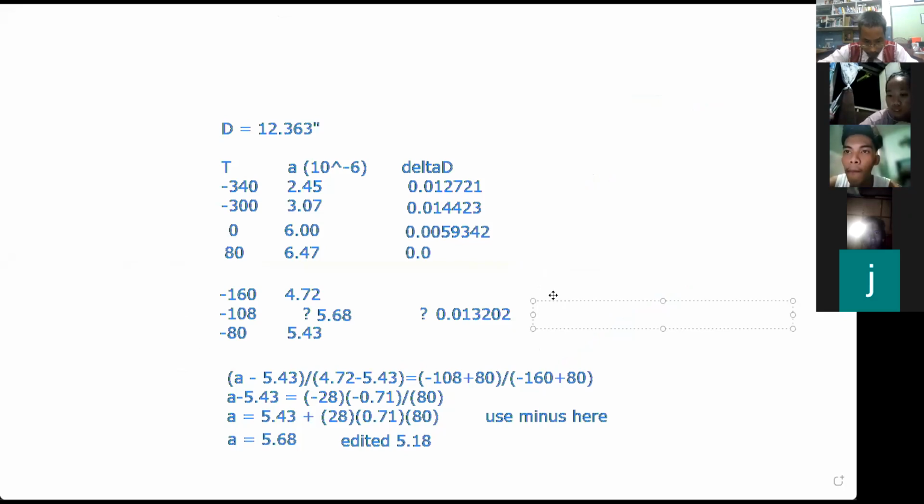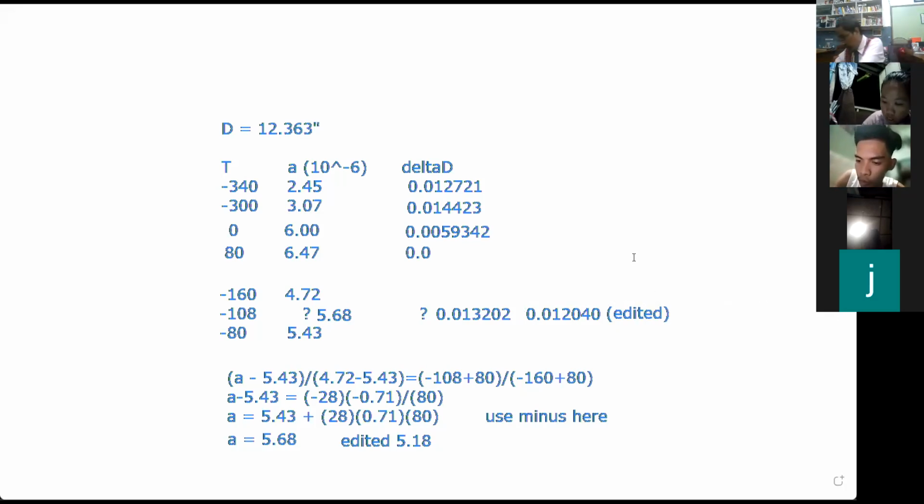Edit our delta D. This is 0.01204. Okay. So this is the answer, our edited answer. Okay. Edited. That is our edited answer.